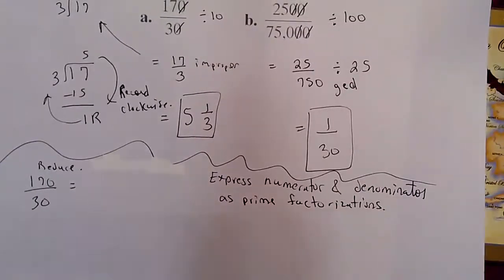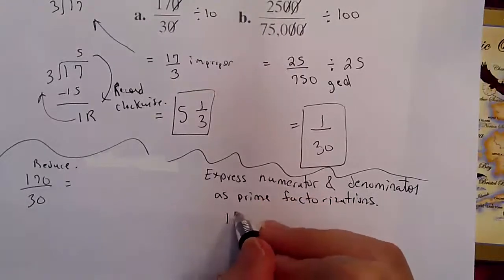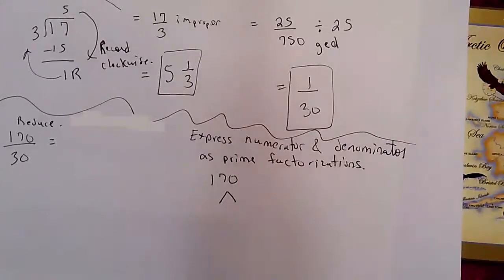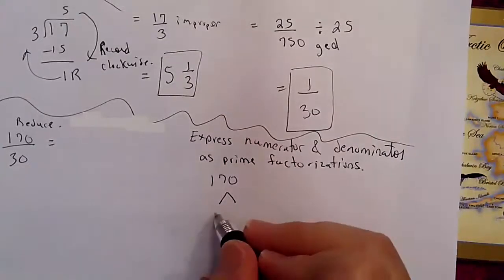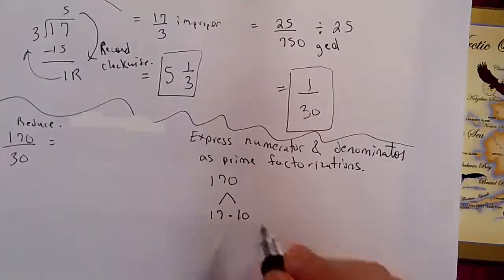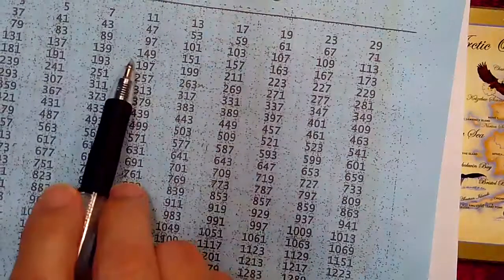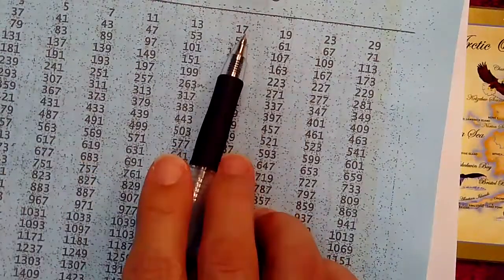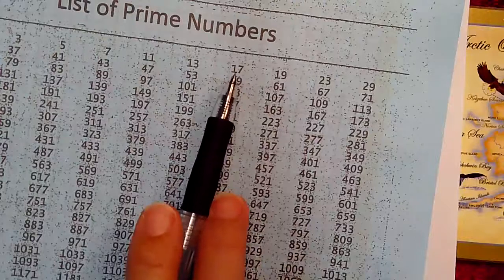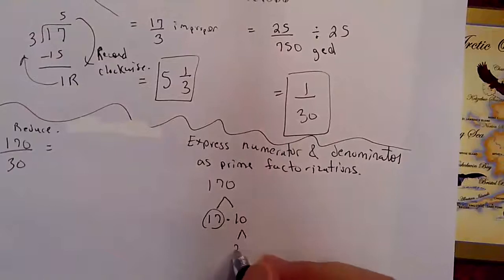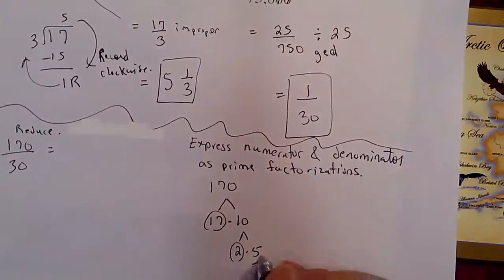So I would have to do a factor tree like for 170, break it down. Like what times what is 170? So like 17 times 10 is 170. 17 is a prime number, so I won't be able to break that down. That's prime, circle it. But 10 is 2 times 5.